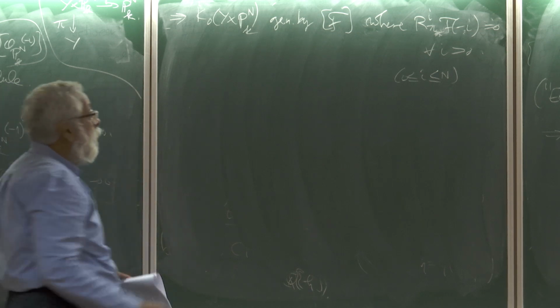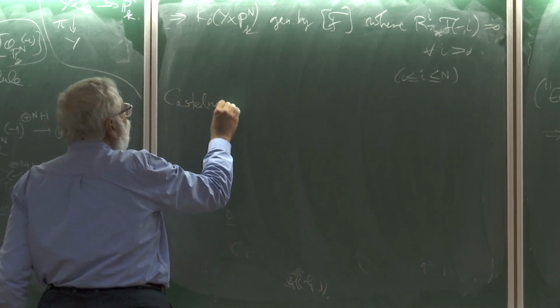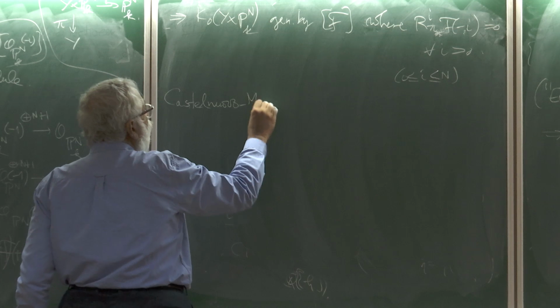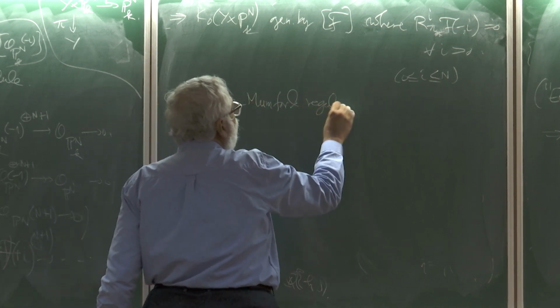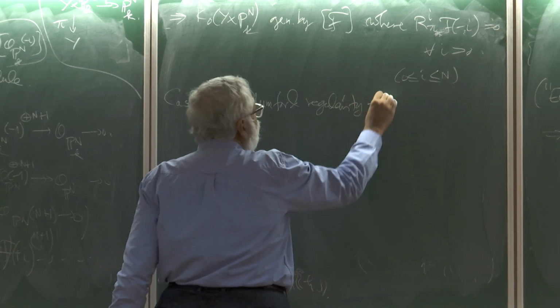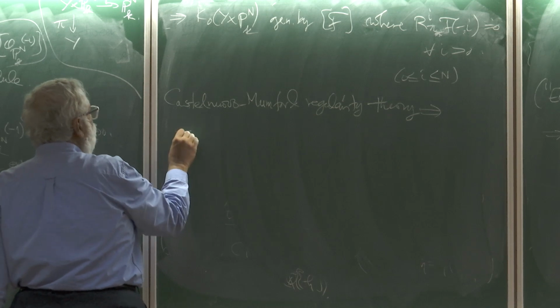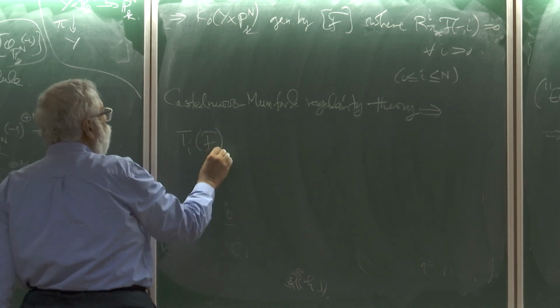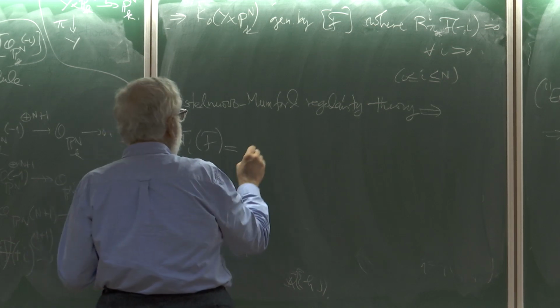Okay. Now Castelnuovo-Mumford regularity theory implies the following. You take T_i F to be the following object. I've got a small typo in my notes there, by the way.